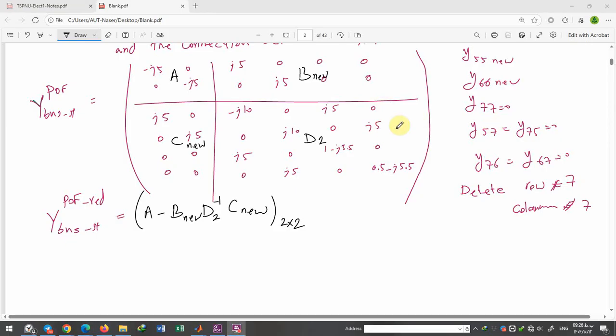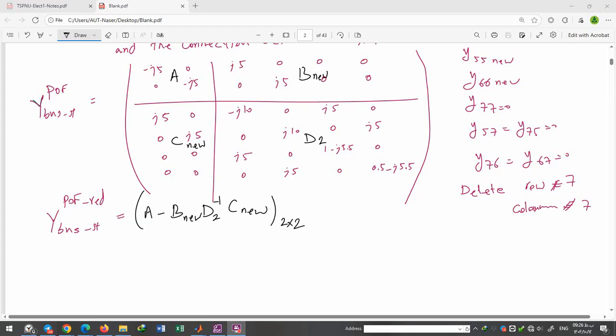The main goal of finding Y-bus stability reduction for pre-fault, during fault, and post-fault is finding a set of differential equations we need to solve, or finding the delta.